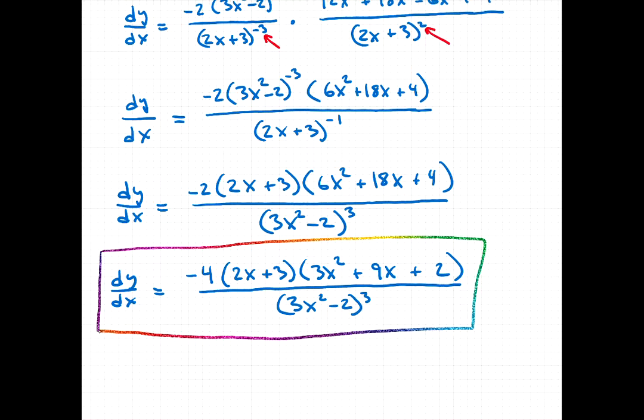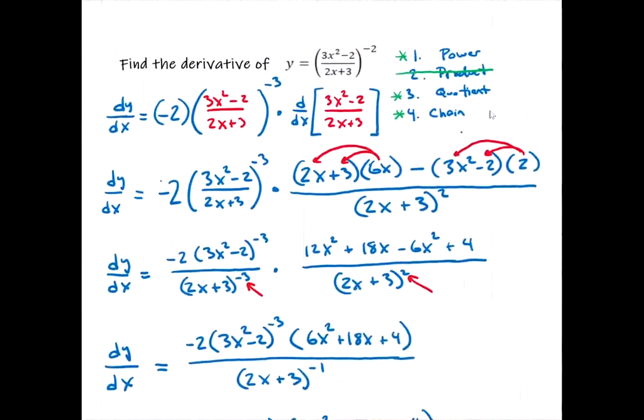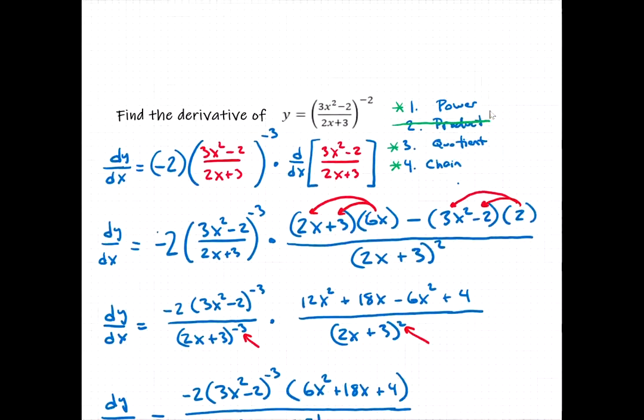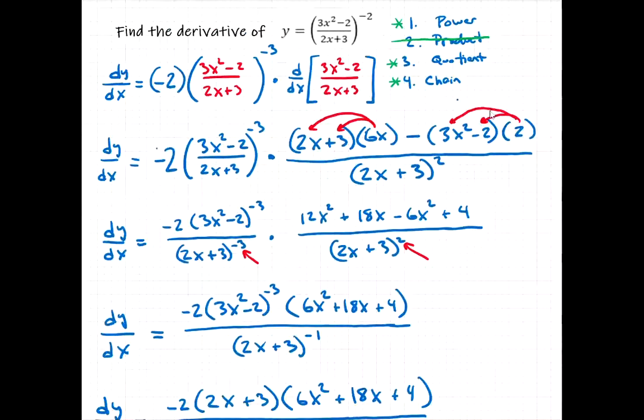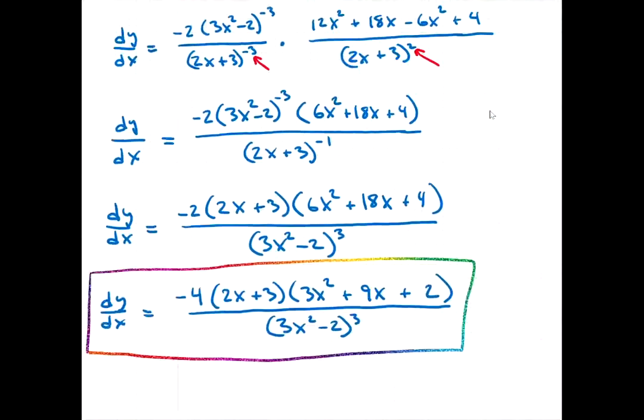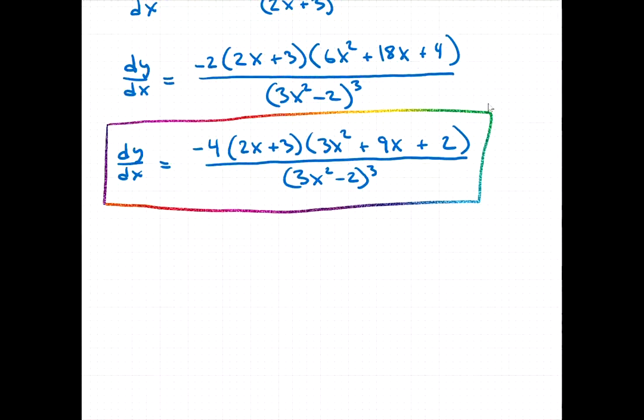Now, there are many paths through this problem. Many paths through the algebra from the original problem to the derivative. One thing we could have done, we could have taken this original problem, 3x squared minus 2 over 2x plus 3 to the negative 2 power, and we could have rewritten that as the reciprocal to the positive 2 power.